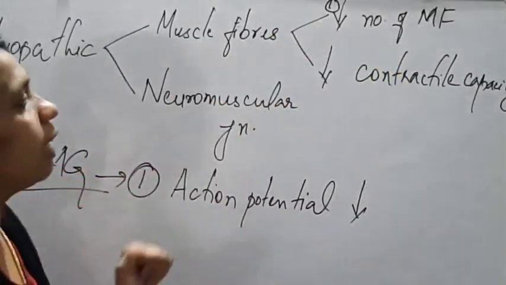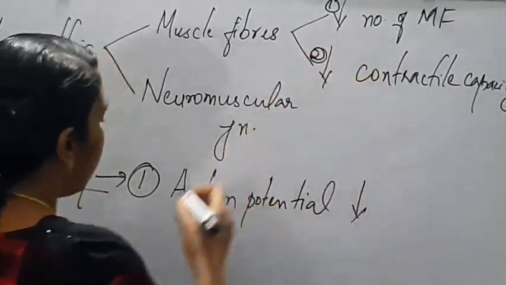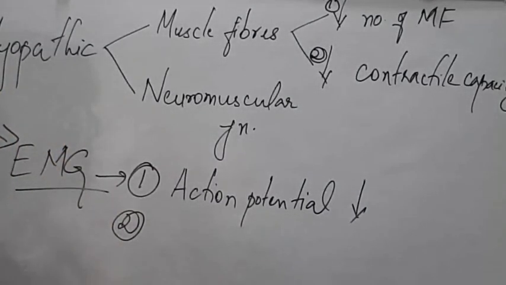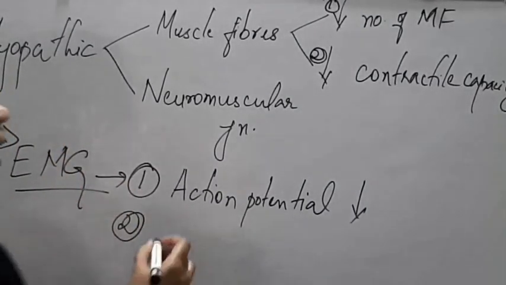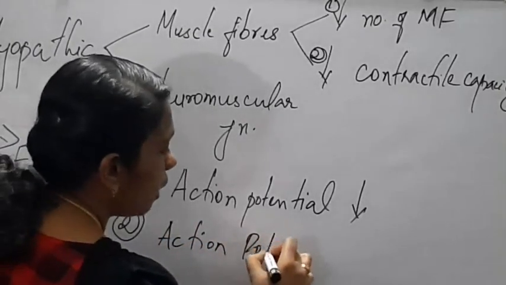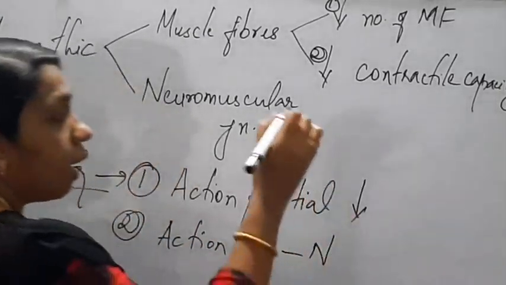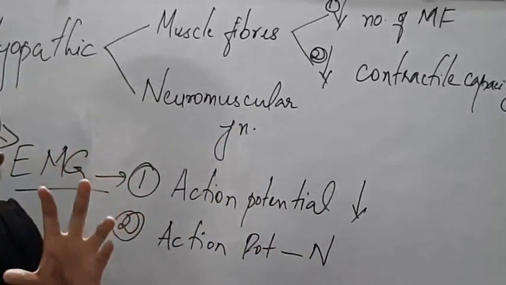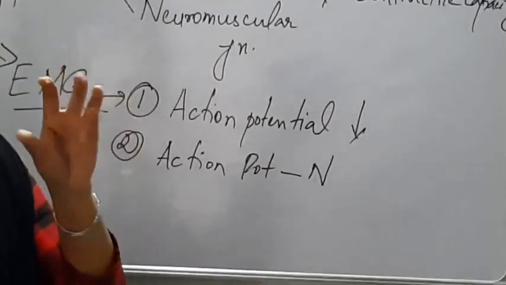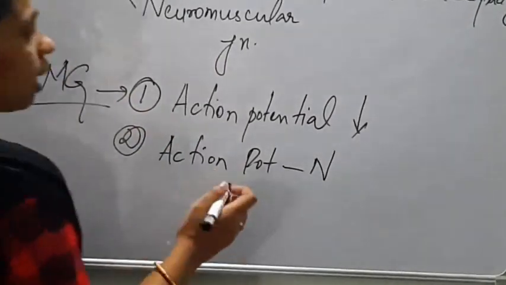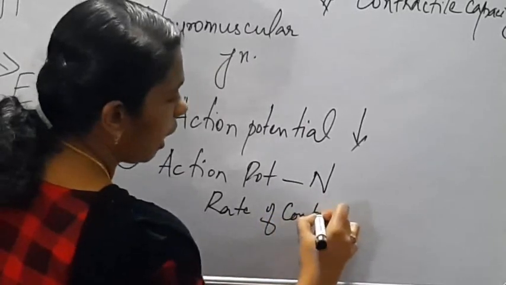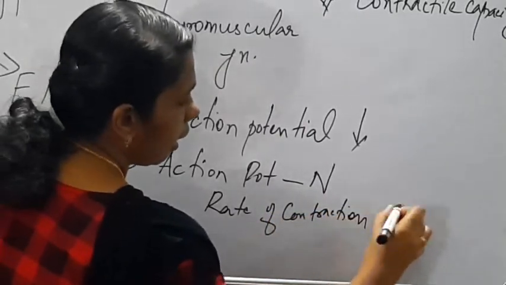Then in case of reduced contractility, the action potential will be normal, but the rate and speed of contraction will be reduced.